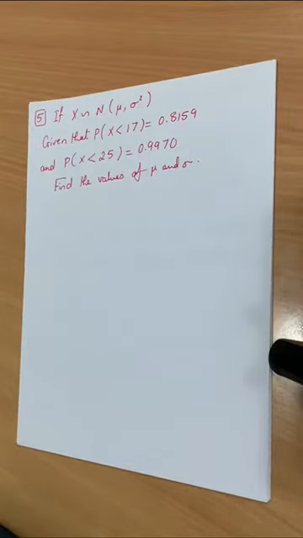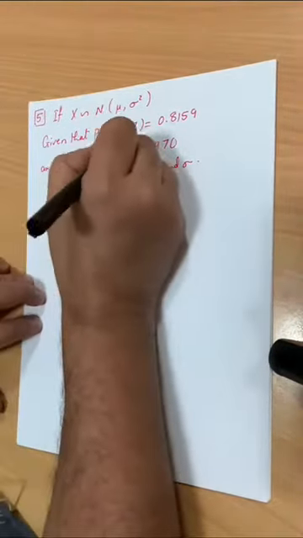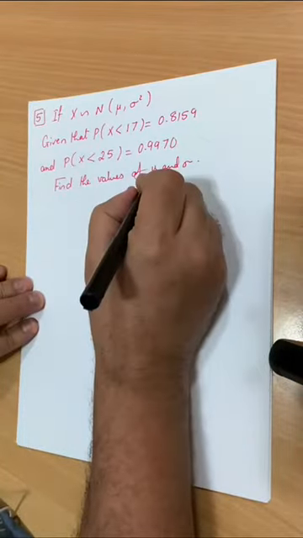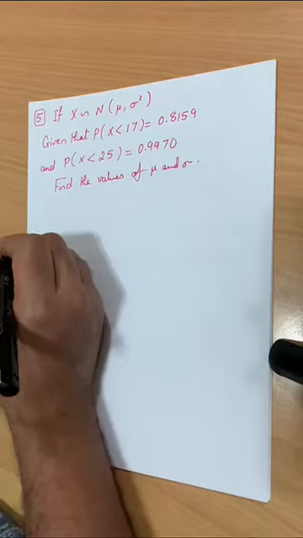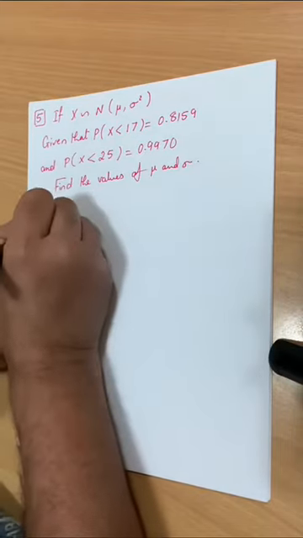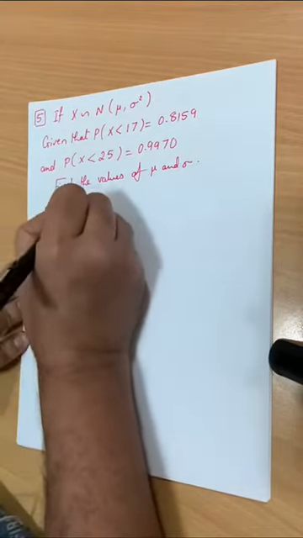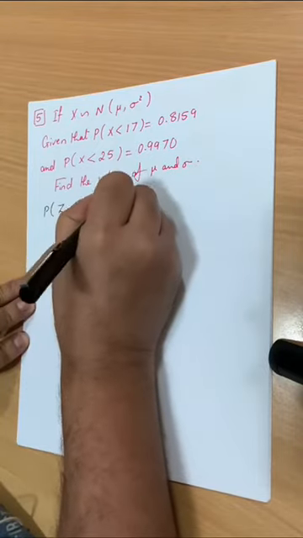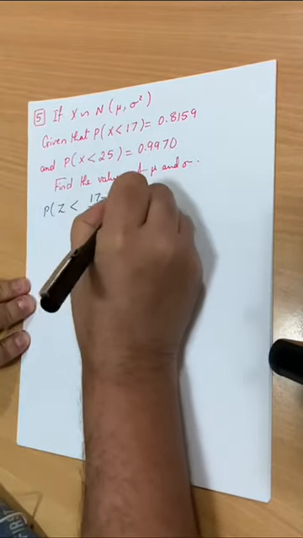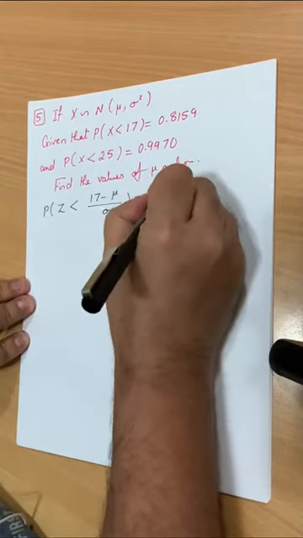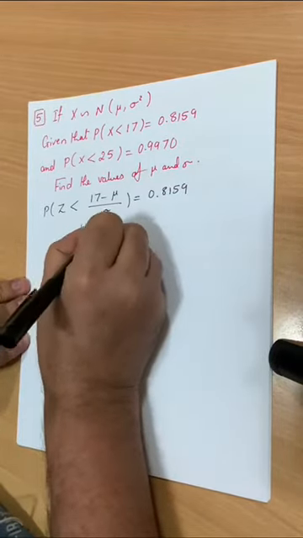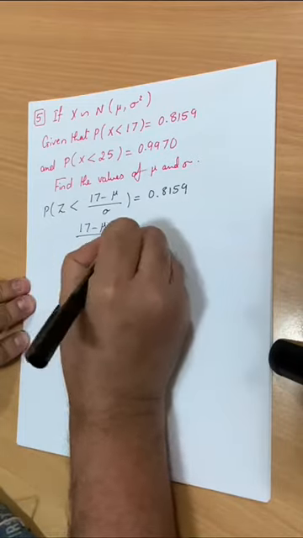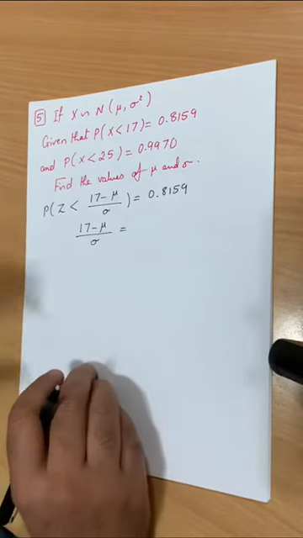Number 5, if X is distributed normally with mean mu and sigma squared, given these two statements, find the values of mu and sigma. So we're going to convert both of them to the normal distribution variable Z. Probability of Z less than (17 minus mu) over sigma is equal to 0.8159. We have to check that value from the table.